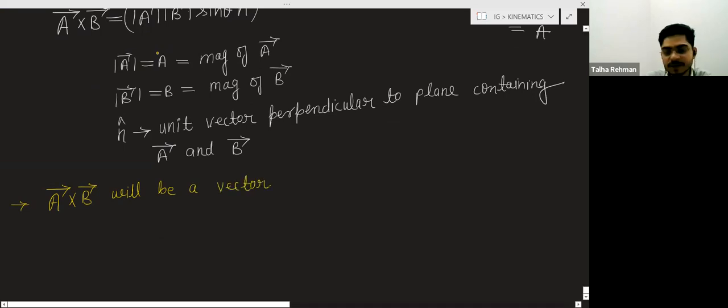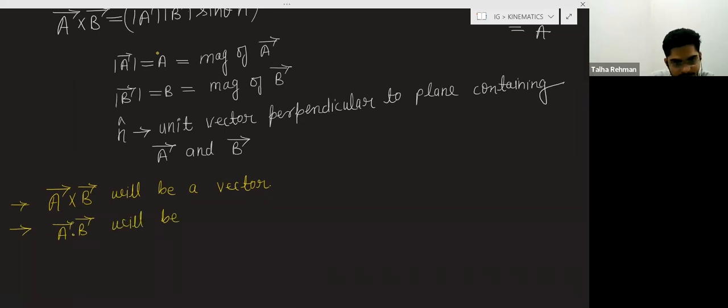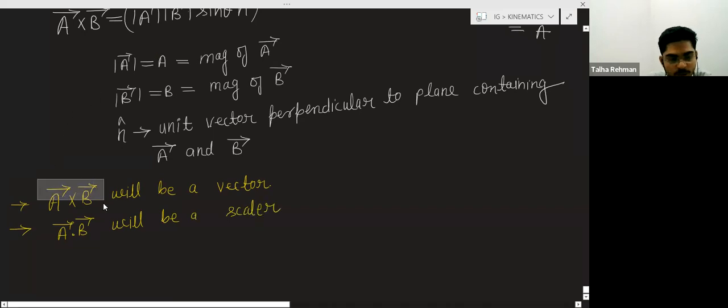So a cross product is basically a vector. If I am writing A vector dot B vector, this will be a scalar. Remember this point. A dot B is a scalar, and A cross B is a vector.